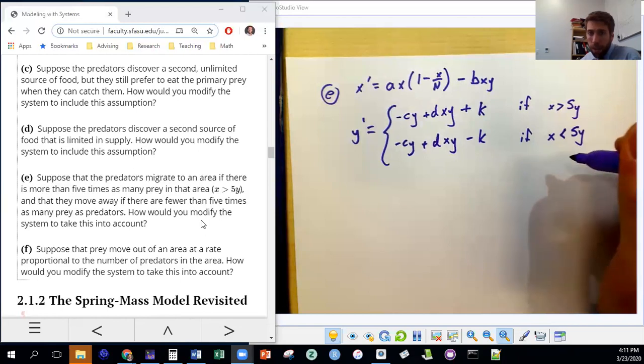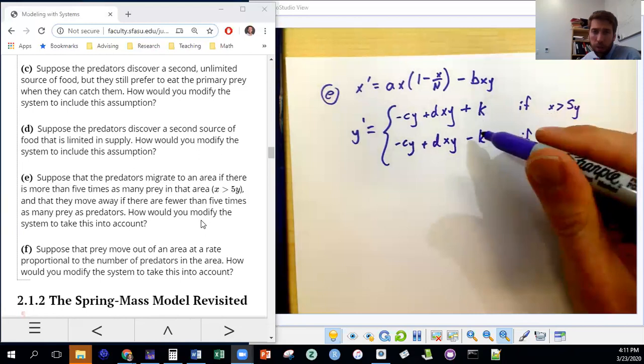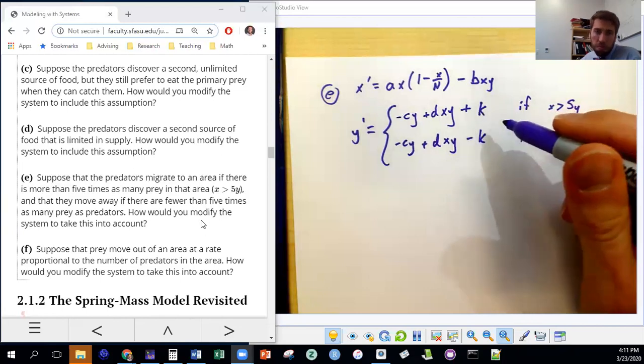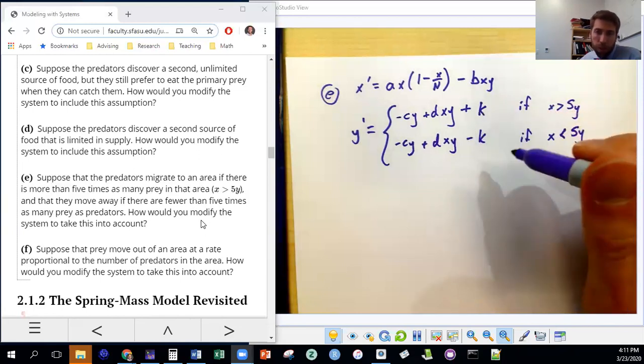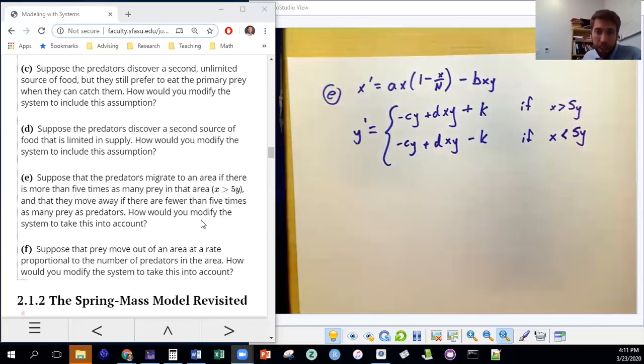Okay, and then we don't know if that constant is the same or different. I think under these assumptions, maybe I can assume it's the same. Again, they are not being very clear, so it's fine.